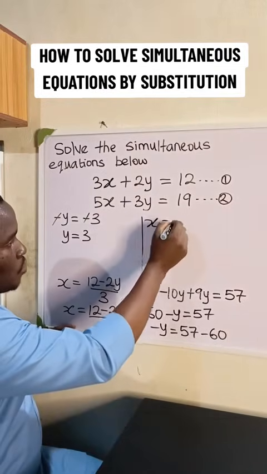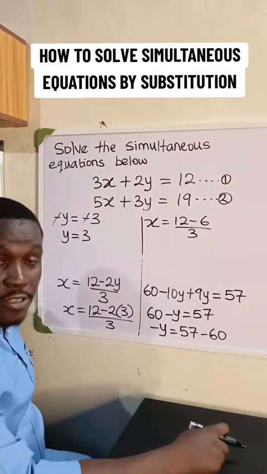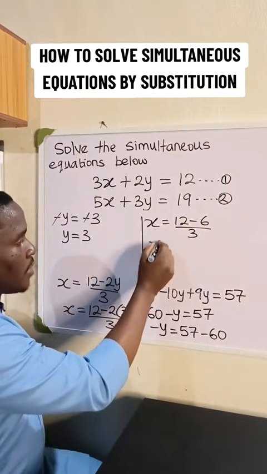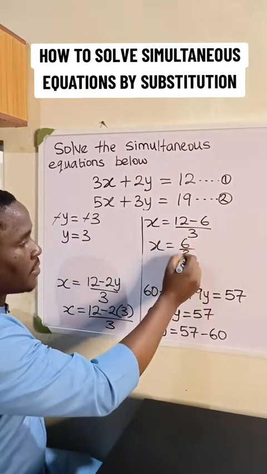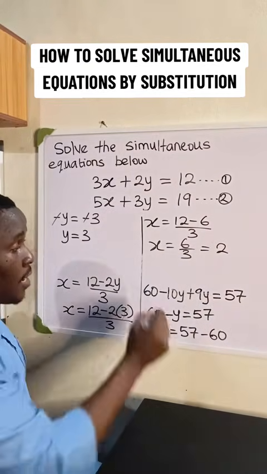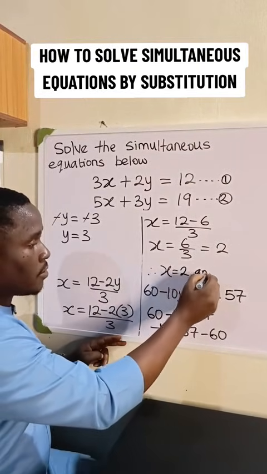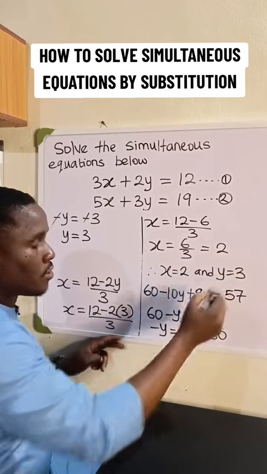So x is equal to 12 minus 6 all over 3. 12 minus 6 is going to give us 6. So x is equal to 6 divided by 3, which gives us 2. So our final values are x is equal to 2 and y is equal to 3.